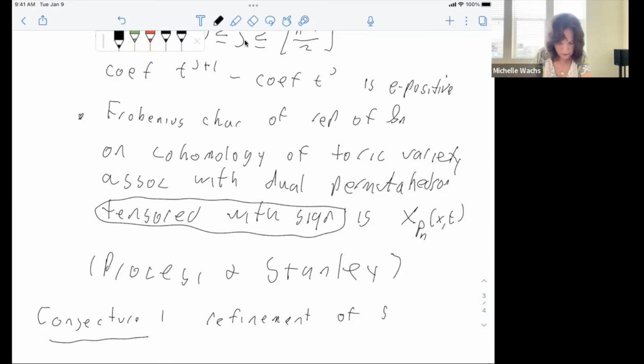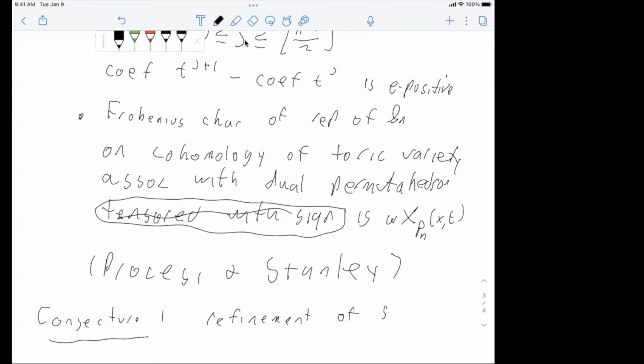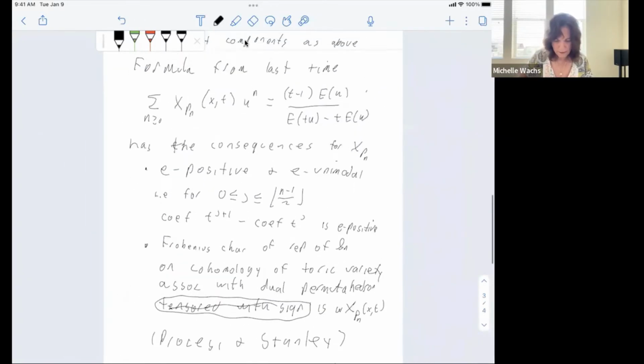I could get rid of this and just say this. They proved this formula with H's, that this is the generating function for the Frobenius characteristic of that representation. And so our result combined with their result gives this consequence.